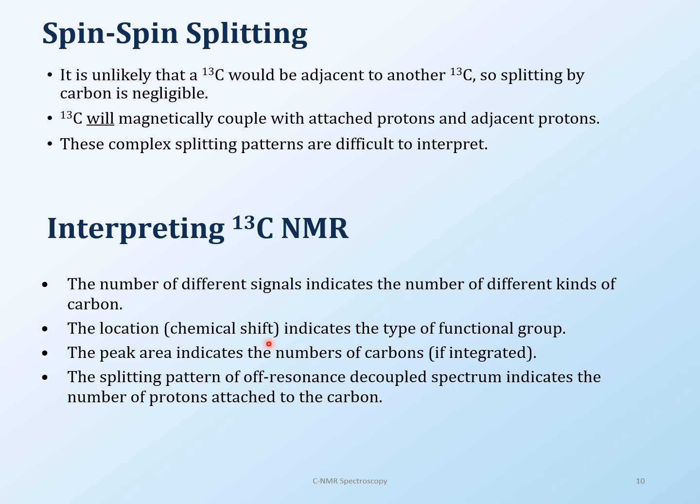Then you look at the location, which gives you an idea of, okay, I have something downfield shifted or aromatic. And then you can look at the peak area to tell you if you have more carbons in there, because just because you have 5 signals doesn't mean you have 5 carbons. You could actually have 6 carbons where 2 carbons are exactly the same. So that's the kind of thing you can do with carbon 13 NMRs.